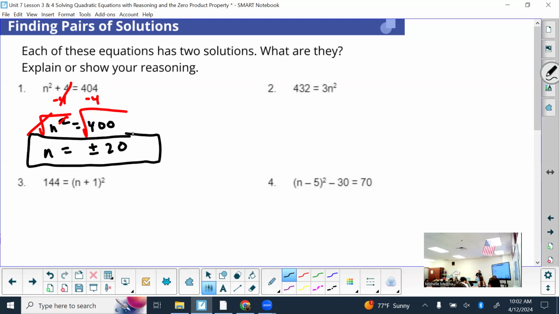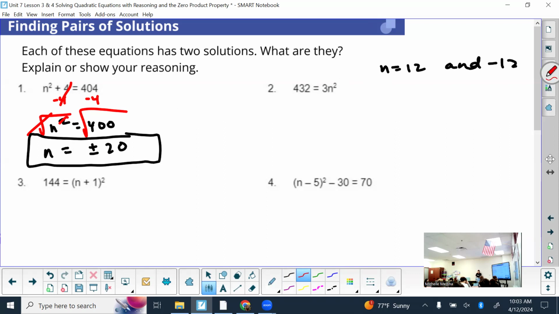All right, table 9. What about number 2? What are my 2 solutions? Okay. So now let's see that. This time we're isolating n, it's on the right side, but same steps. Do I get rid of the 3 first or the 2 first?